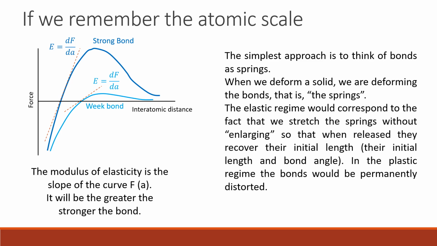The elastic regime would correspond to the region in which if I release the spring, it recovers the initial length. And plastic behavior would correspond to the point in which the spring does not recover fully the initial length. So either the bonds recover their initial angle and length, or the bonds stay permanently distorted.